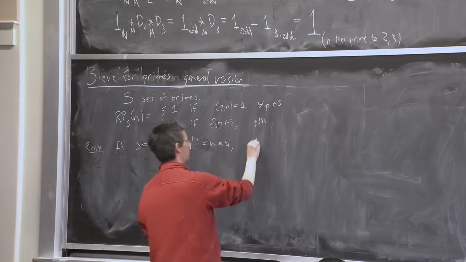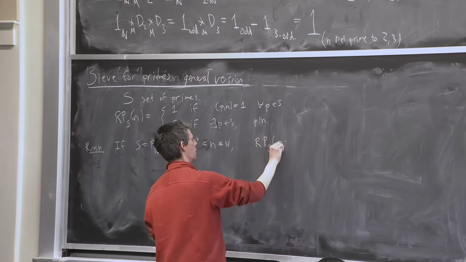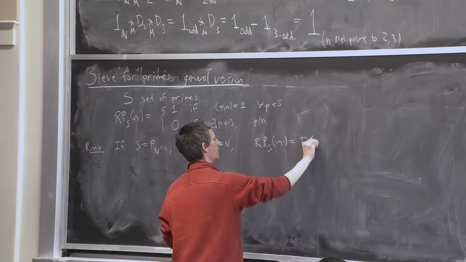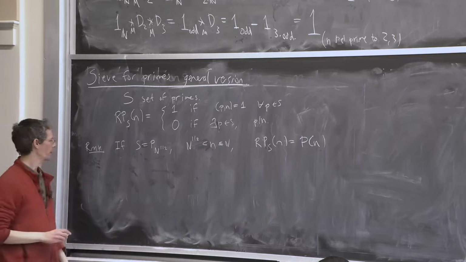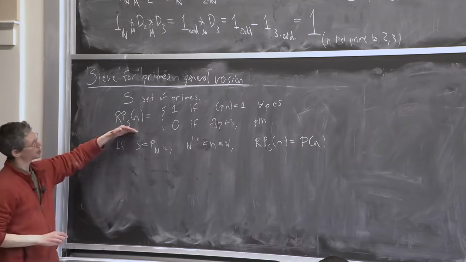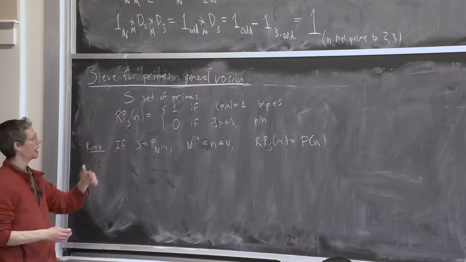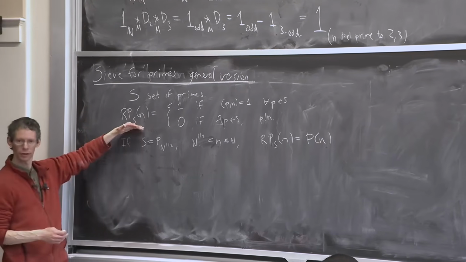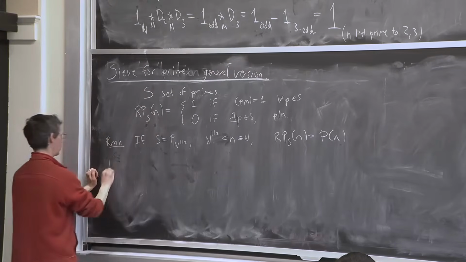So in that case, our relatively prime S of n is just p of n, whether n is prime. OK. So if I'm interested in the primes in a certain range, say from n over 2 to n, I can detect them using this function. And this function we've just seen is a big convolution.